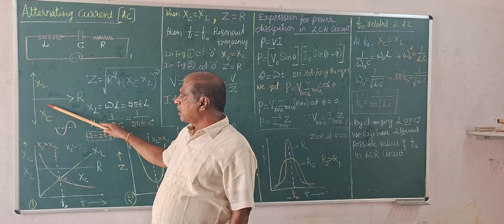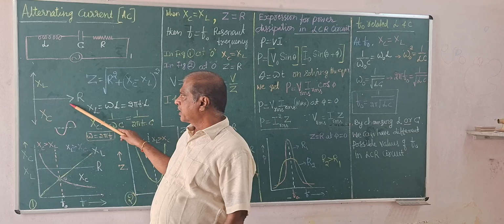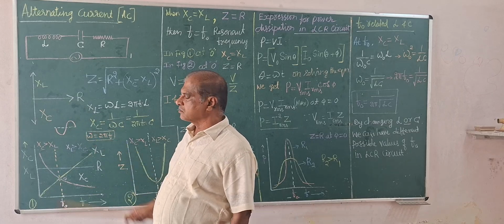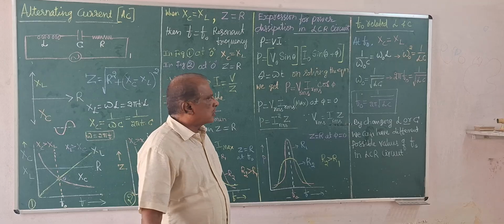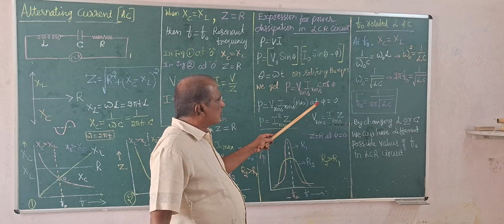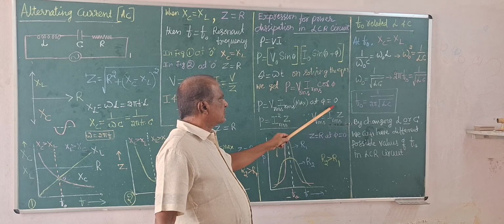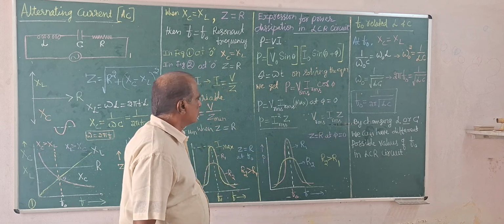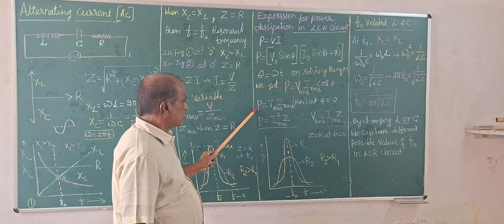We are left with only R. There is no phase difference between current and voltage in the case of R. That is why the condition for LCR for phase difference equals 0 is this. This is the power dissipation which is maximum.